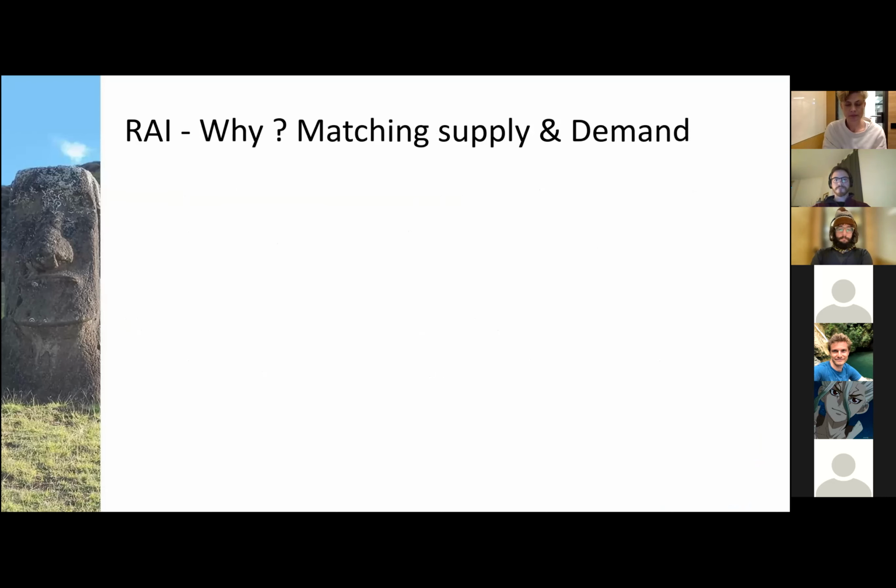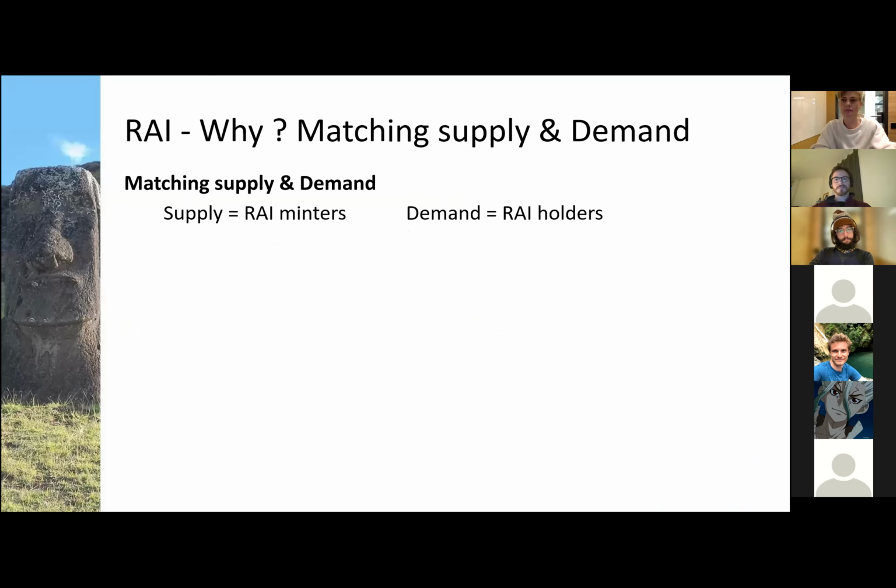So why are we doing all that, and why is it useful? The key in this kind of system is to match supply and demand. The supply is the RAI minters, the people that create RAI by locking in Ether and creating new RAI.